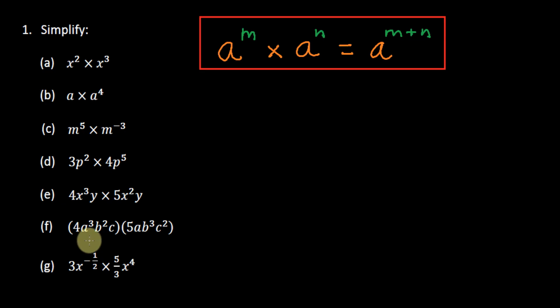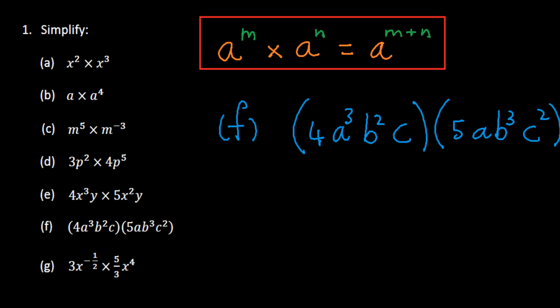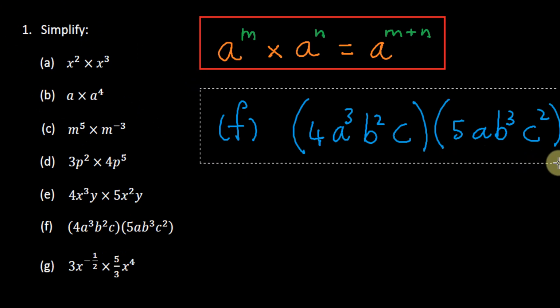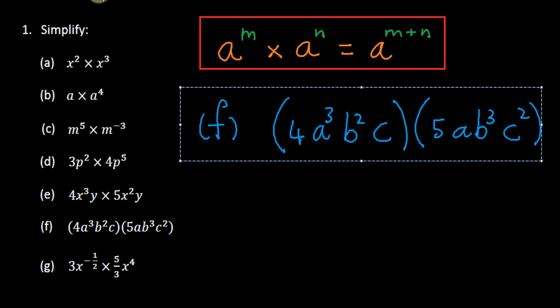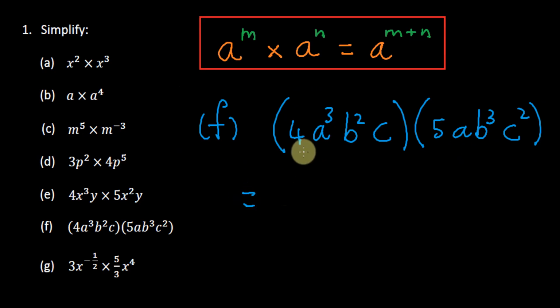Then in f, we have brackets. Now, remember that brackets mean multiplication. And we can start by first multiplying the numbers. So 4 times 5 is 20. Note that the c here has a power of 1 that we don't write, as well as the a over here.